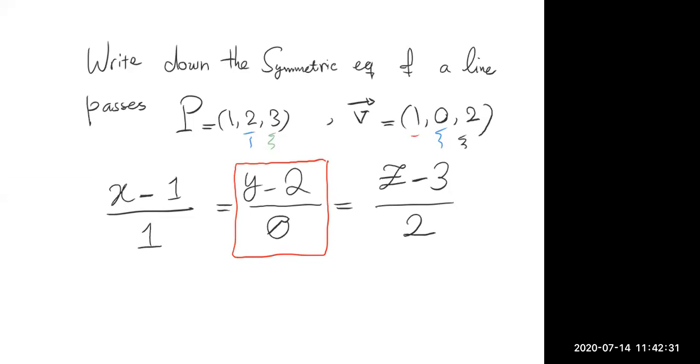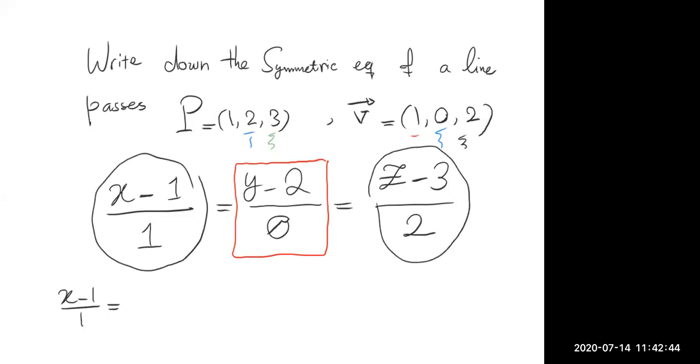The answer is simple. Just forget about the y minus 2 part, and you would get x minus 1 over 1 equals, well, this one makes sense, z minus 3 over 2. Yeah, you're right. I got one comment, and that's correct.